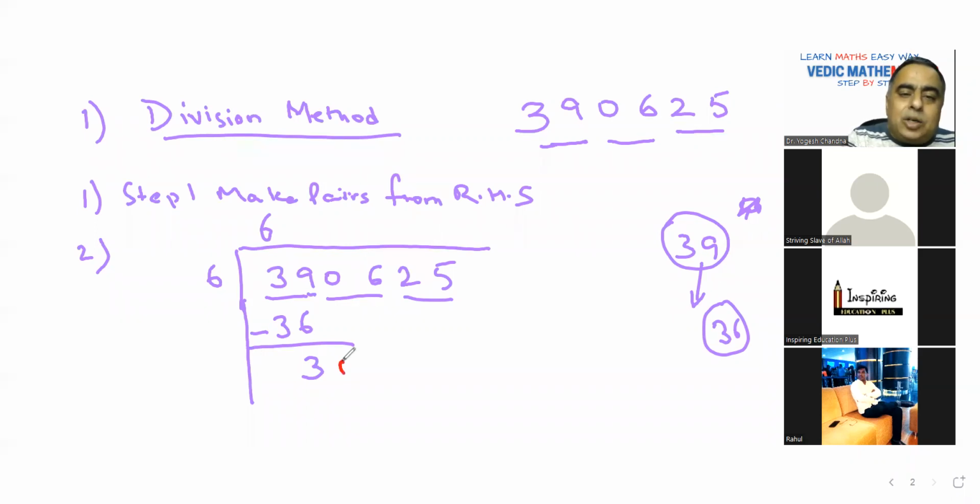We'll bring the two others down. We have to bring down the pairs themselves. You cannot bring down a single digit, so whatever pairs you formed will be brought down. Since we are finding the square root, it is not a common division. So we have to add up.